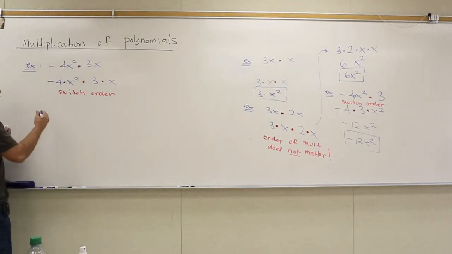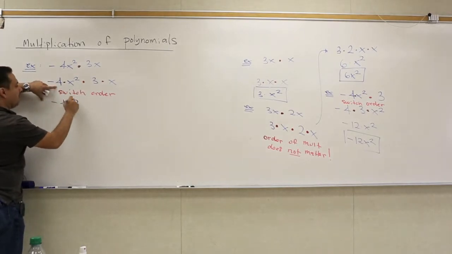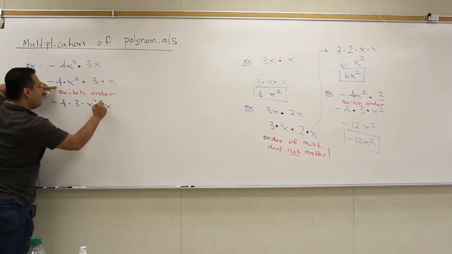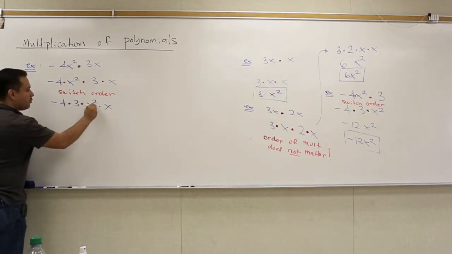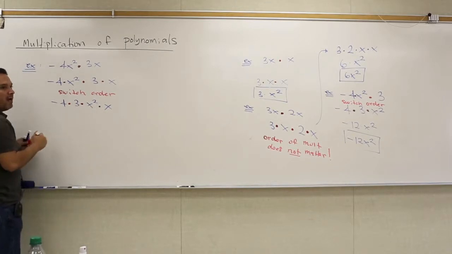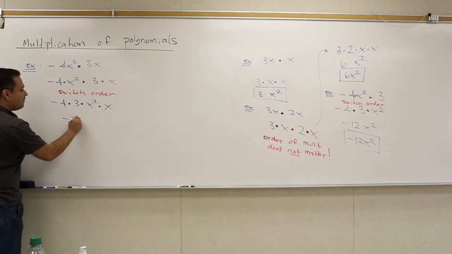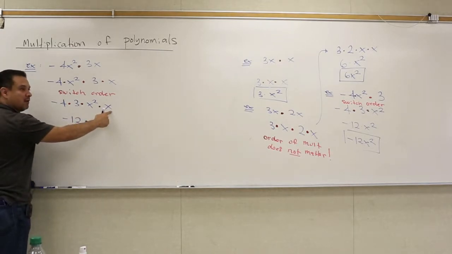So I'm going to switch the order in such a way that I help myself: negative 4 times 3 times x squared times another x. Do you guys agree that I just switched the order of what I had here? Is that true? And I switched it so that I can multiply the constants negative 4 and 3, which gives me negative 12 times x squared times x.